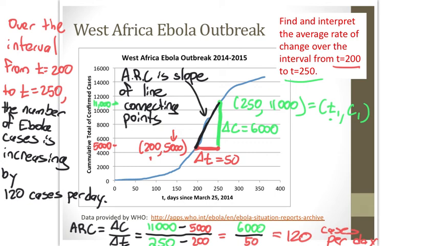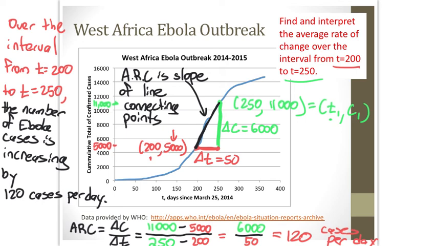But the one thing that we want to change is that the slope is not the same over this interval. So sometimes it's flatter, at some points it's steeper. And so this 120 is not a constant rate, but it's telling us on average how much the number of cases have gone up each day. So for some days, there were less than 120 new cases. On other days, there were more than 120 new cases.